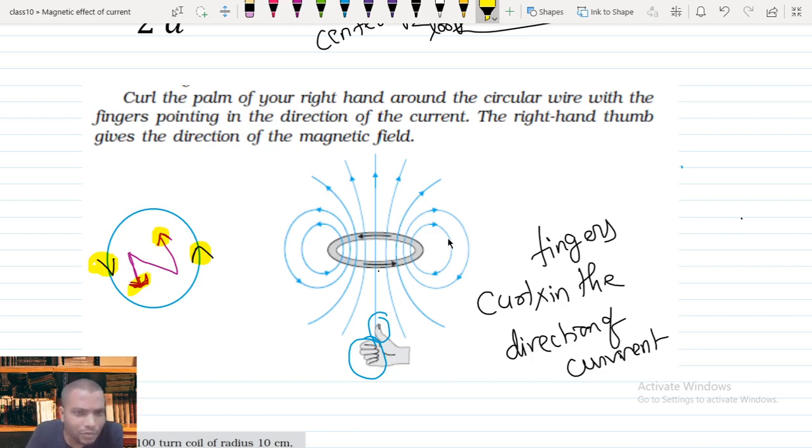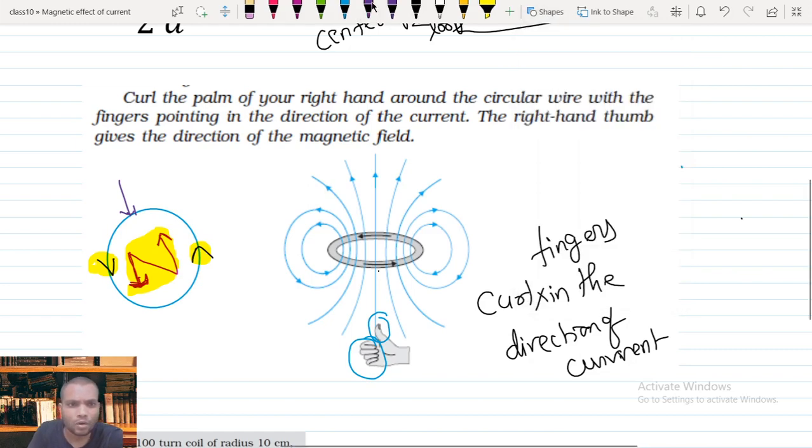Now if current is flowing in a coil in the counterclockwise direction, that coil contributes a magnetic north pole. Just draw a letter N and check whether the arrow marks match. Or you can remember that if current is in the counterclockwise direction, that coil contributes the north pole.